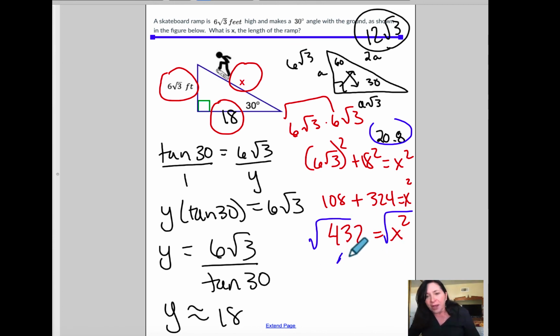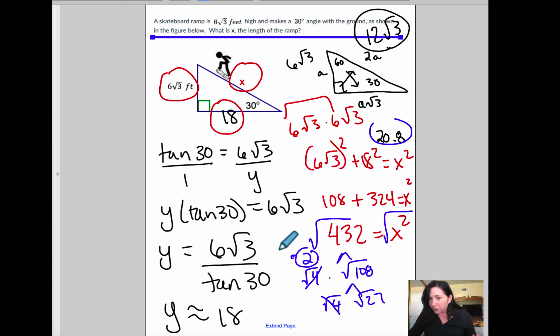I get 4 times 108. Root 4 is 2, so I've got a 2. Now I'm going to divide 108 by 4 again, and I get 27. So this is root 4 times root 27. Root 4 is 2 again, so now I've got 2 times 2, which is 4 so far.